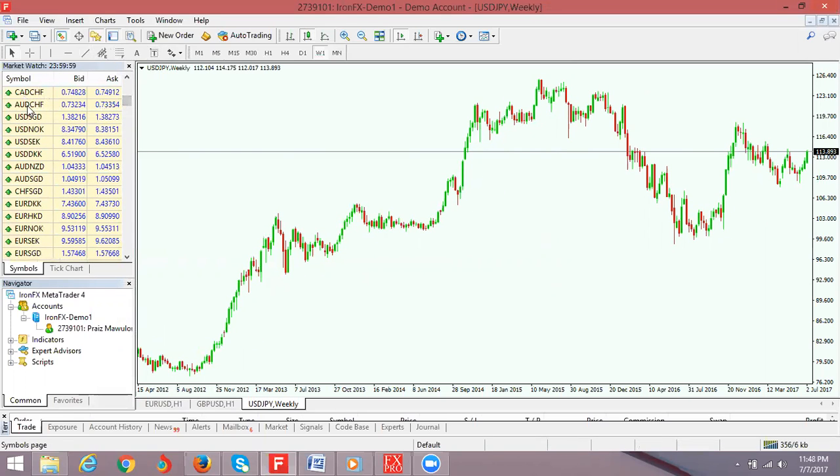You can see CAD, CHF, SGD is the Singaporean dollar, USD NOK, that's the Norwegian krone. All these are instruments that you can trade. You see a lot of them. And we come to the metals, which is silver, gold. You can trade all of them here. Then we have some indices here, the JP225. All these are indices. They are all instruments you can trade.